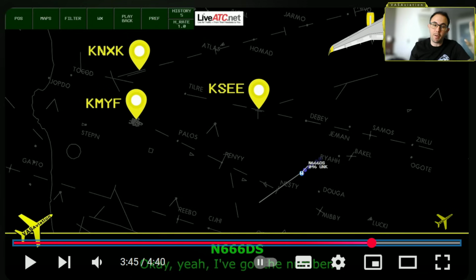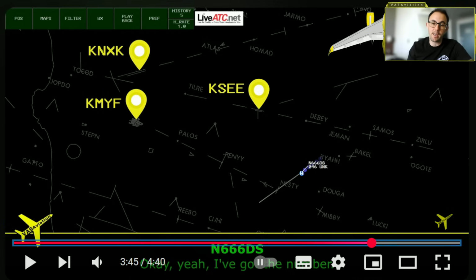Then we have Miramar, a few miles to the north, and Gillespie, a few miles to the east northeast. San Diego is right south of Montgomery, not on screen. For the radar, I showed the waypoints. You have Nesty right there in front of the aircraft.